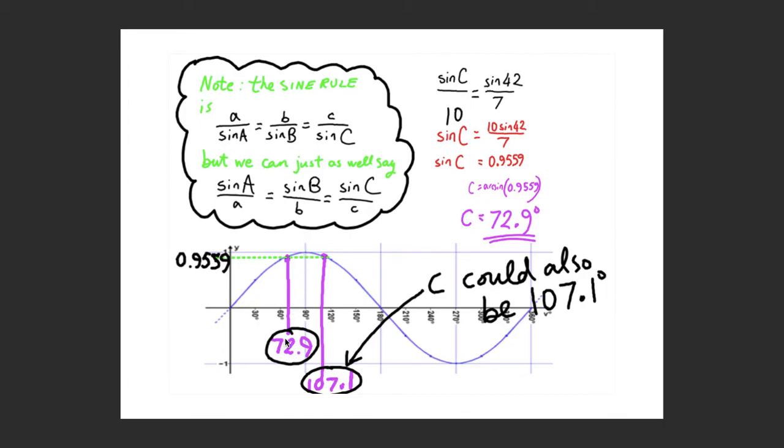So the answer we got from the calculator, 72.9 degrees, is how many degrees? 17.1 degrees away from 90 going back. So another possible angle is 90 plus 17.1, because of the symmetry of this, is 107.1. So you could also have an angle C being 107.1.